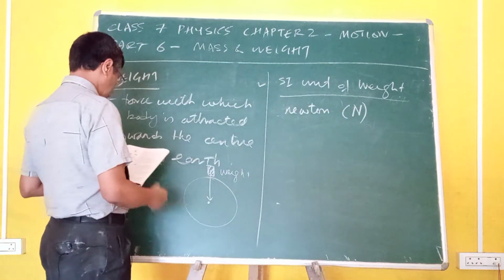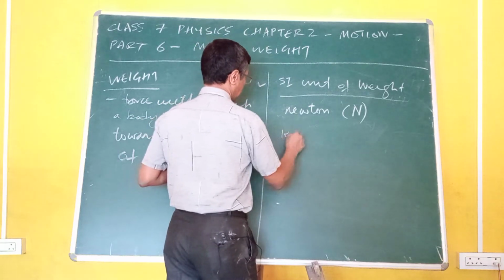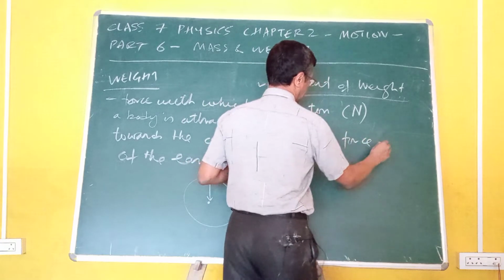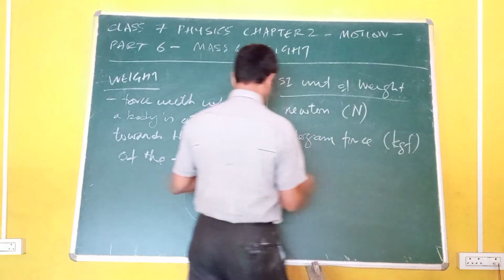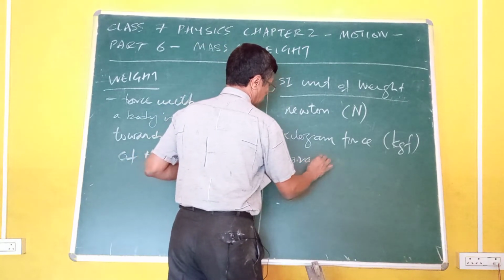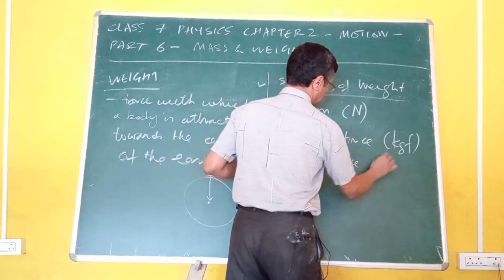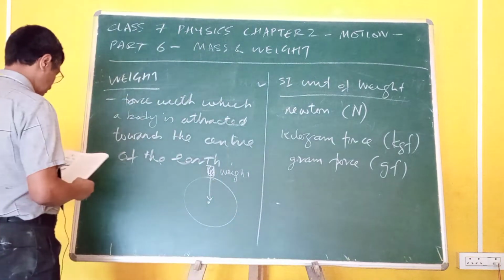and it is also expressed in another unit which is called kilogram force, okay, and that is denoted by small kgf. And for smaller units, we can use the unit gram force, and we can denote it by gf.